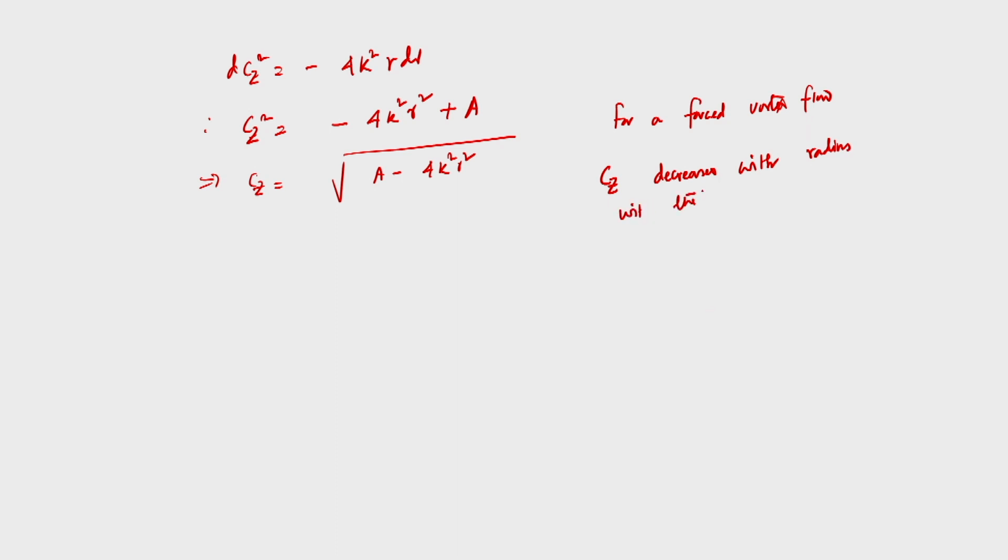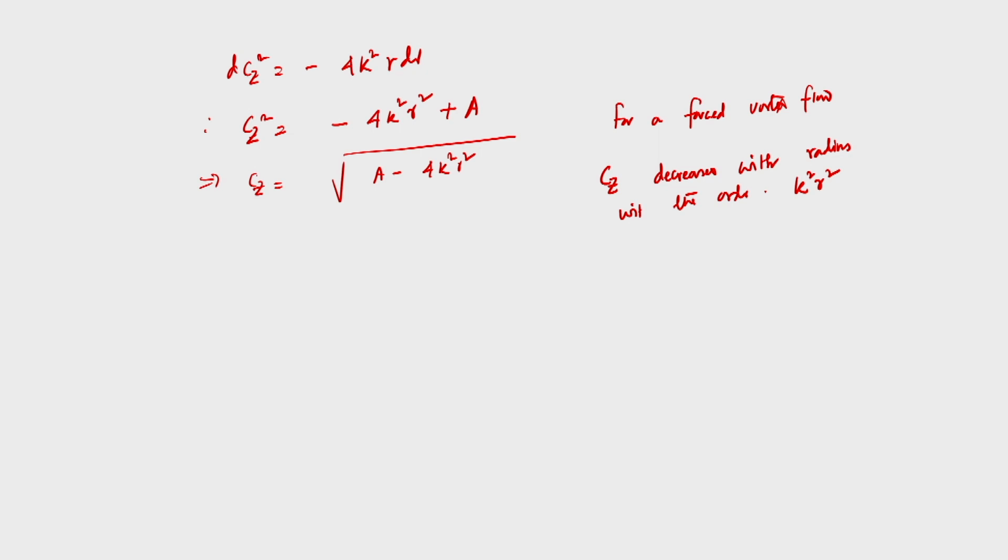With the order of k square into R square, minus 4 k square. So in a force vortex flow, Cz decreases with radius with the order of k square R square. But we have seen in case of a free vortex flow, which we discussed in the last class, that Cz is not a function of R, that is Cz is equal to constant.